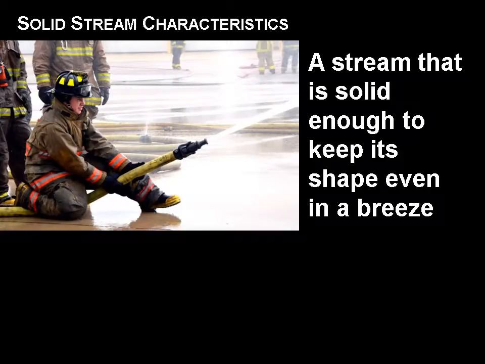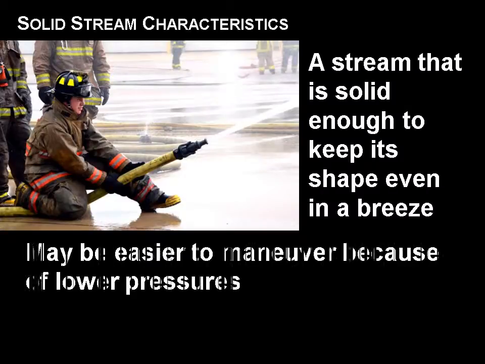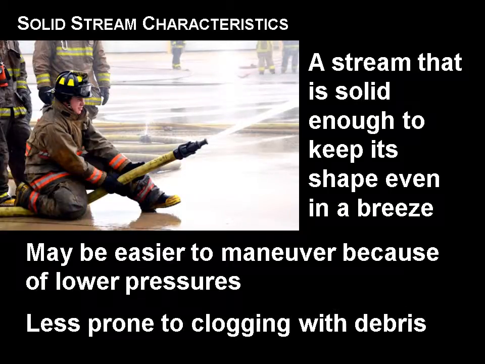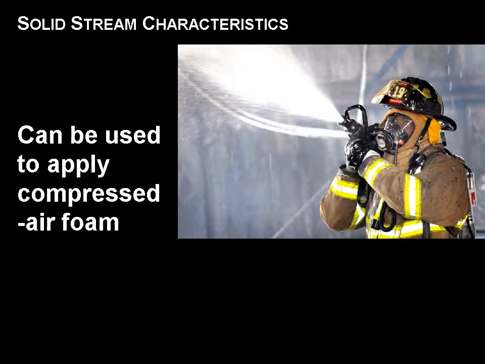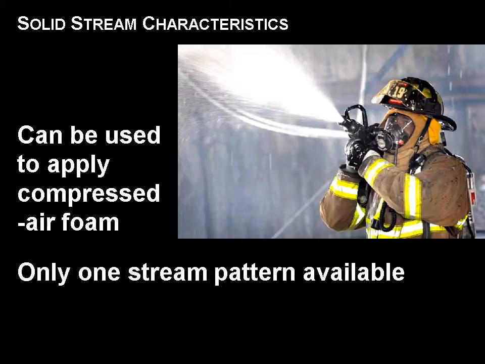It may be easier to maneuver because of lower temperatures, and is less prone to clogging with debris. It can be used to supply compressed air foam systems. Only one stream pattern is available, so you cannot adjust these. Hose lines may be more easily kinked.